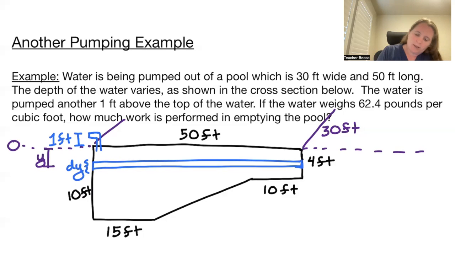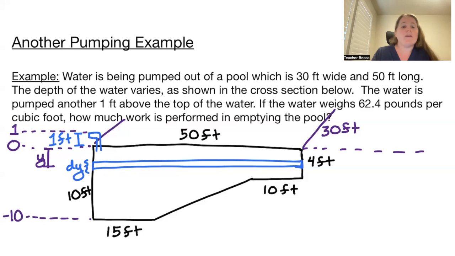The top of the spigot is therefore at 1. The bottom of the pool is at -10. So our Y values will be negative here.